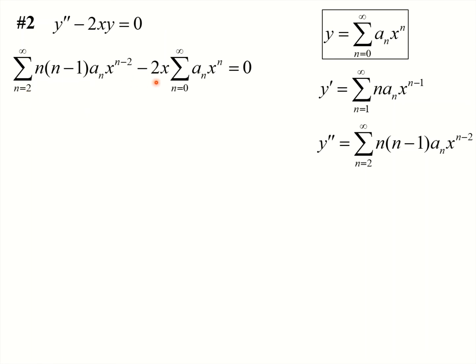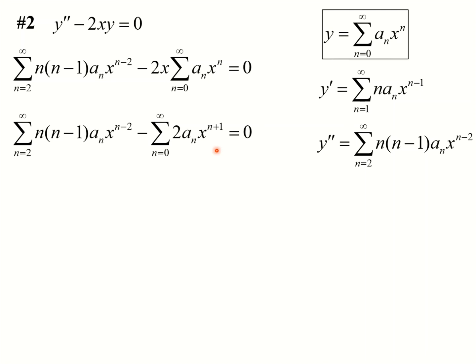There's the minus 2x that you see right there, and then there's y. Still looks pretty innocent. What we want to do is bring this 2x inside. So if there's any x's right outside the summations, to the left of the summation, you want to bring them in. That's your first step. That's what we did in the other problem. So when I bring it in, I have the 2 there, and then this changes to an x to the n plus 1.